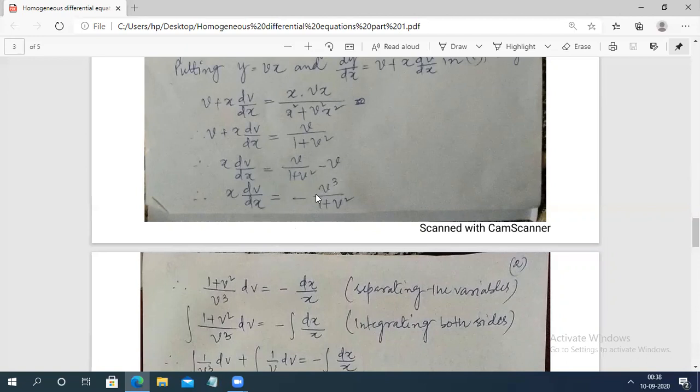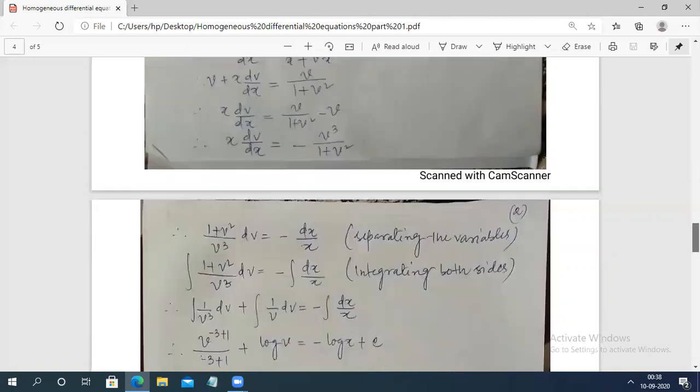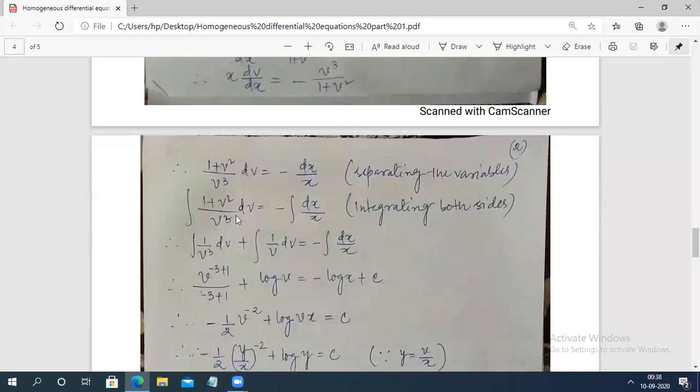So after separating the variables x and v, we will integrate the functions. After integrating on the left hand side and right hand side, by the integration property we can write integral of 1 by v cube dv plus integral of 1 by v dv is equal to minus integral of dx by x.